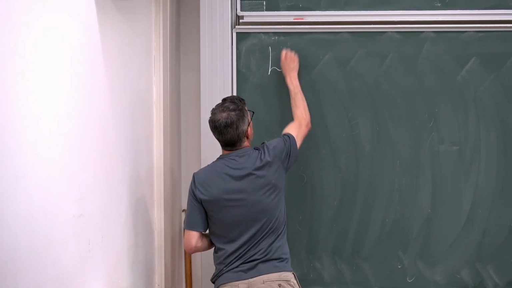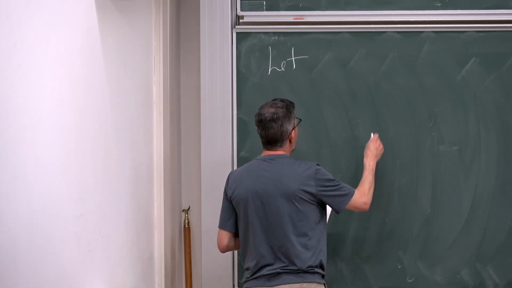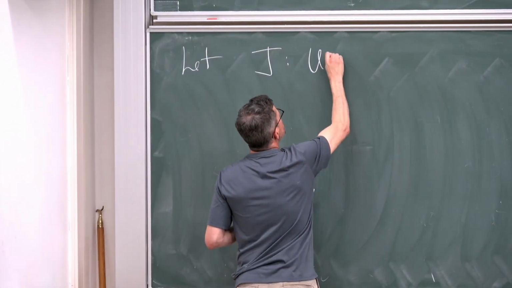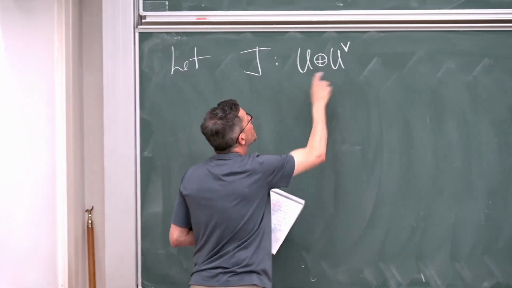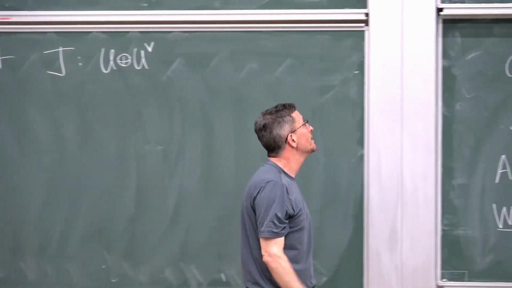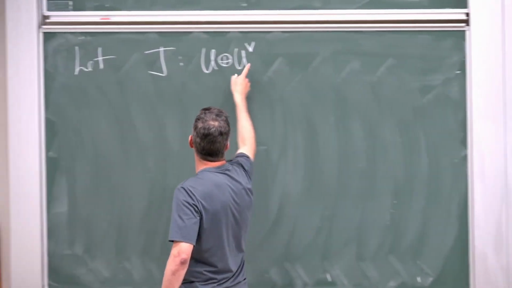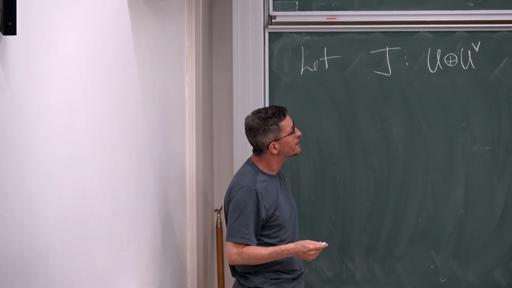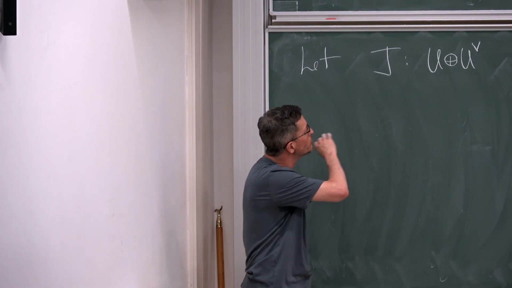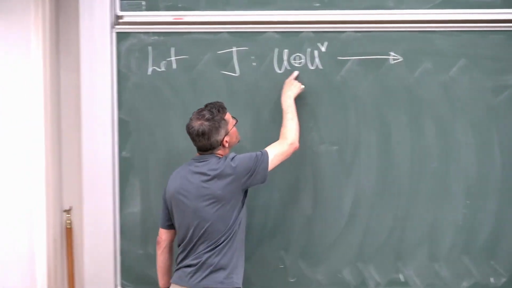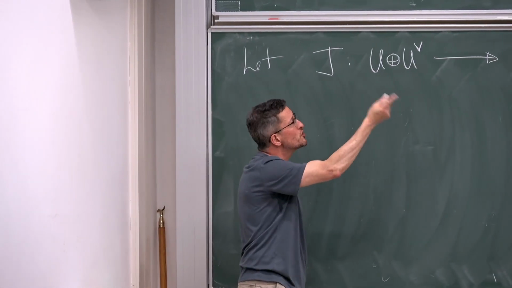So let J be the standard symplectic form. U will continue to be a vector space of dimension n, so I can make U plus U dual, a vector space of dimension 2n, and it has a standard symplectic form on it, or orthogonal form. I'm going to view these forms as isomorphisms between the vector space and its dual.